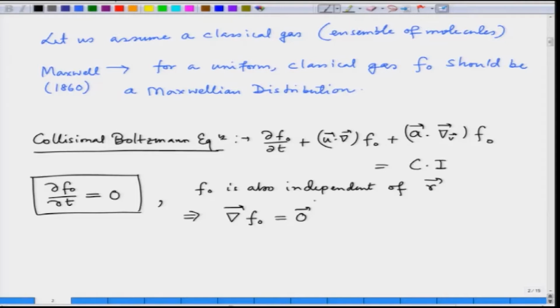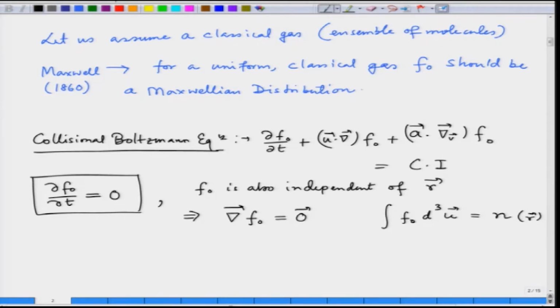So, it simply says that if, let us say, f0 is a function of R, then you all know that when f0 is integrated in the velocity space, it will give us density, and if there is an R dependence, then when it is integrated over velocity space, it will also have an R dependence. That means a uniform gas will no longer be uniform, right.